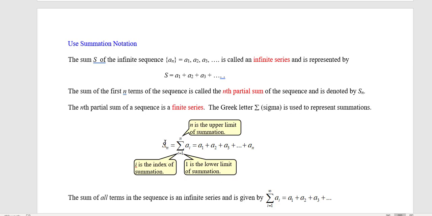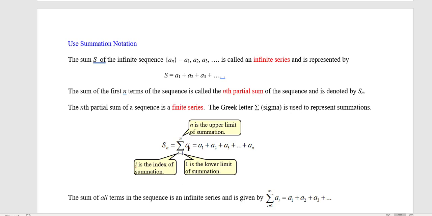This nth partial sum of a sequence of a_n's, a_1, a_2, a_3, and so on. If I want to add the first n of them, I'm going to add the ith term in line. Instead of the nth term, let's refer to the ith term, where i is any value from 1, written at the bottom of this sigma symbol, all the way up to i equals n.